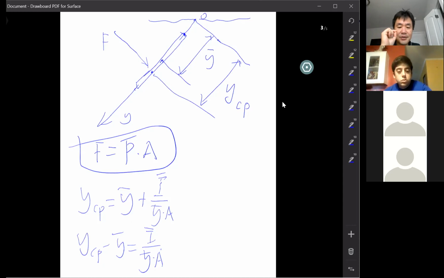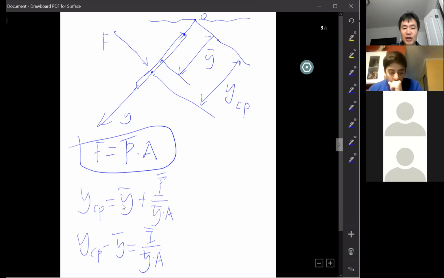With the calculation of I bar based on these expressions, you should be able to calculate the exact location of YCP. After you know this, you can point your arrow at that location.